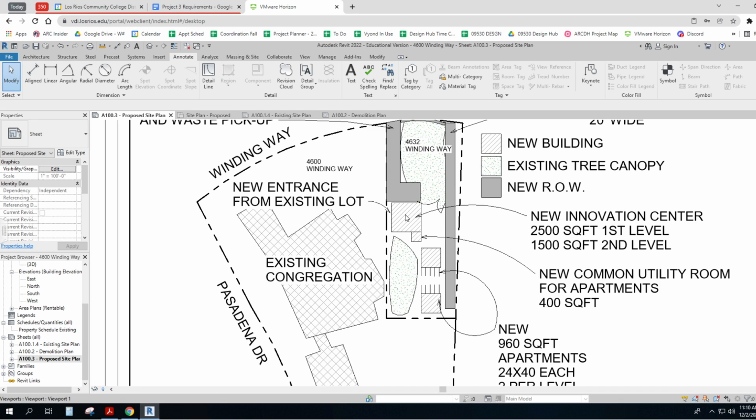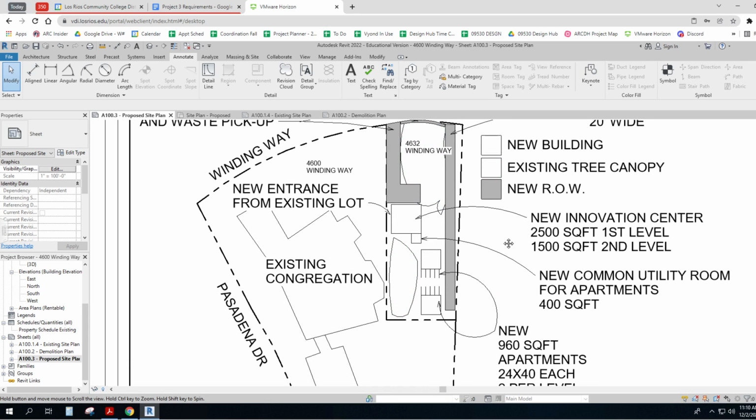So there's room on this pad to do cool stuff. And it's showing that there's plenty of room on this lot still for all of this stuff while keeping a significant portion of the existing tree canopy.